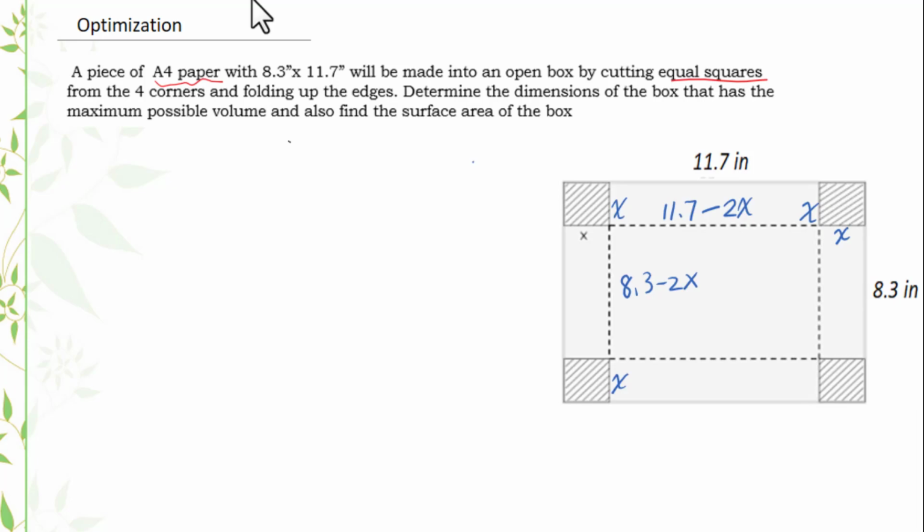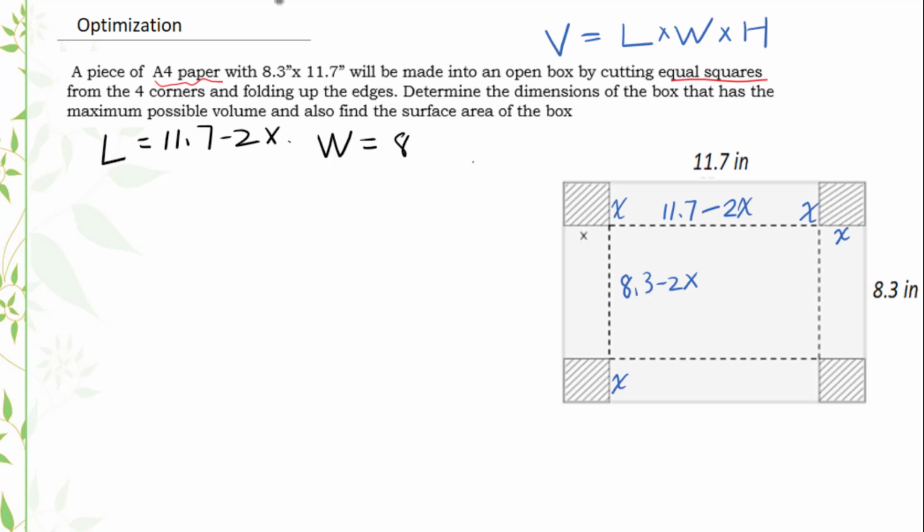We know the volume for a rectangular box equals length times width times height. From this diagram, we know the length equals 11.7 minus 2x. The width equals 8.3 minus 2x.